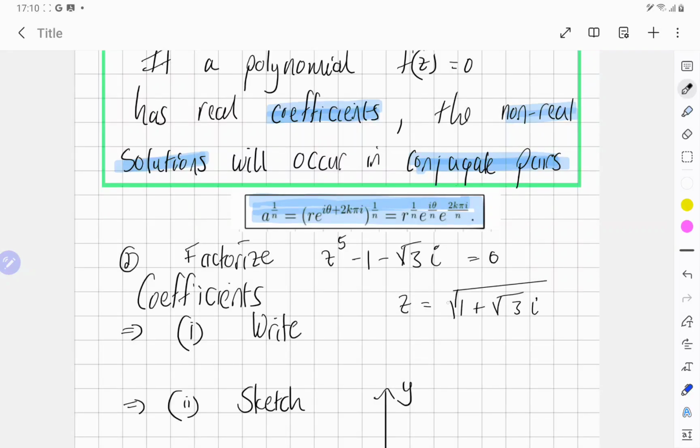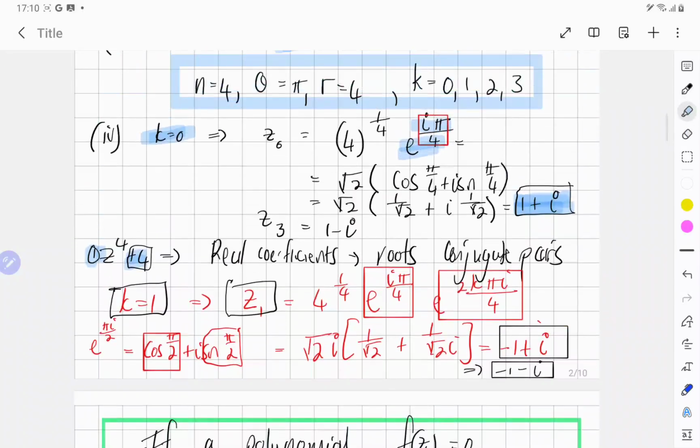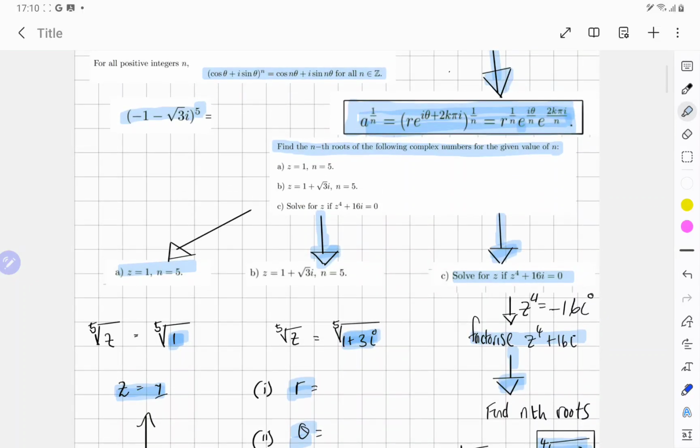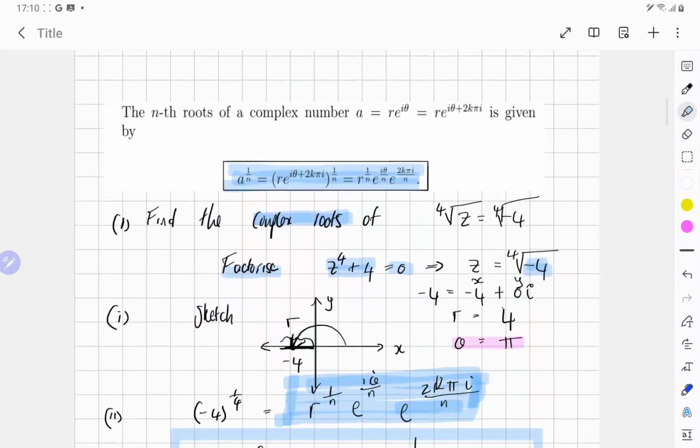So you're going to rewrite it as that. So even if you have to factorize, please remember that you are still going to get the roots. Like I did in my flow diagram, I said even if you get solve or factorize, you will still get the nth roots.